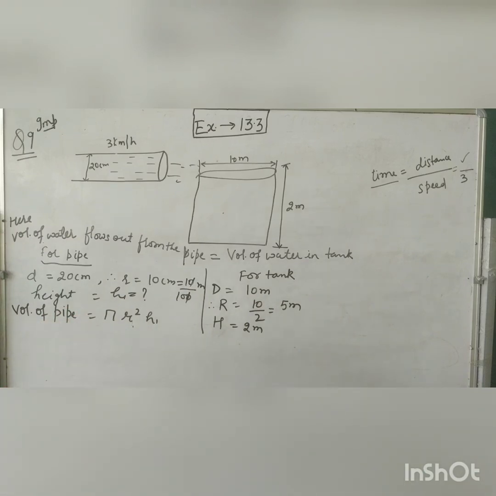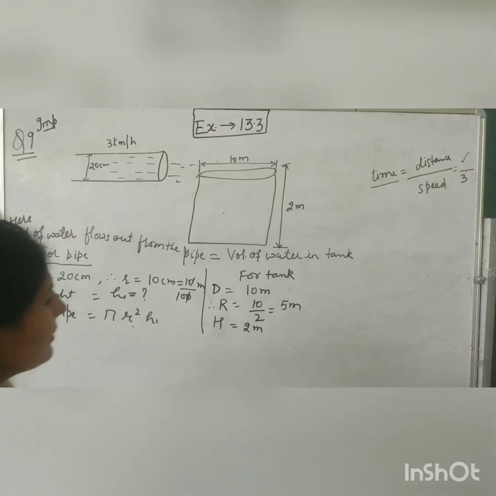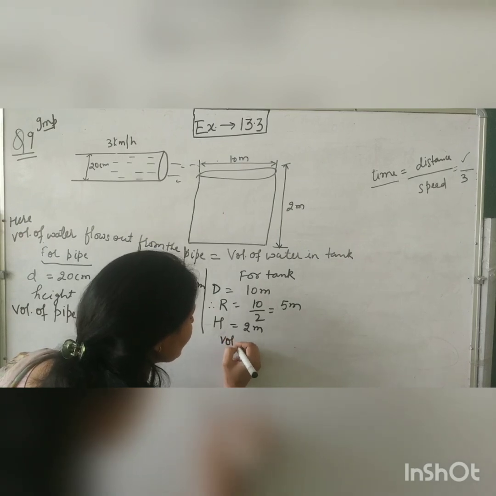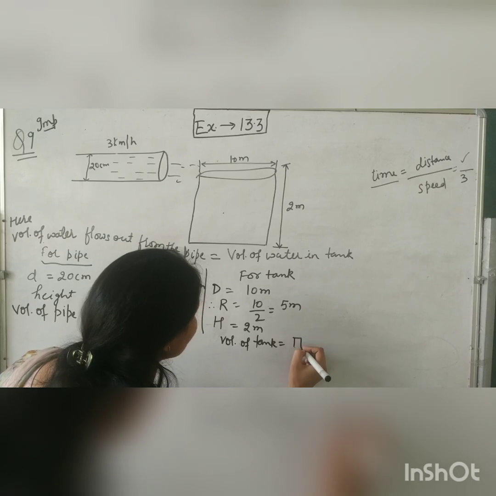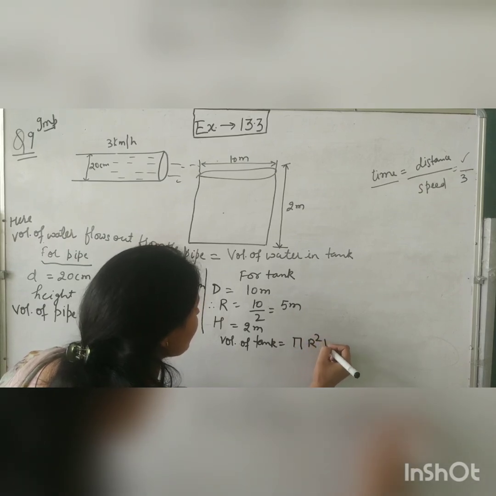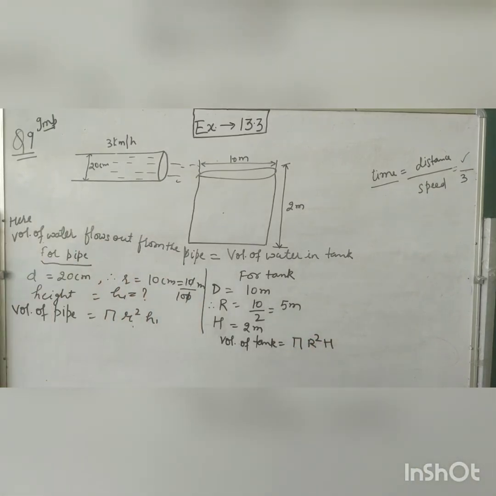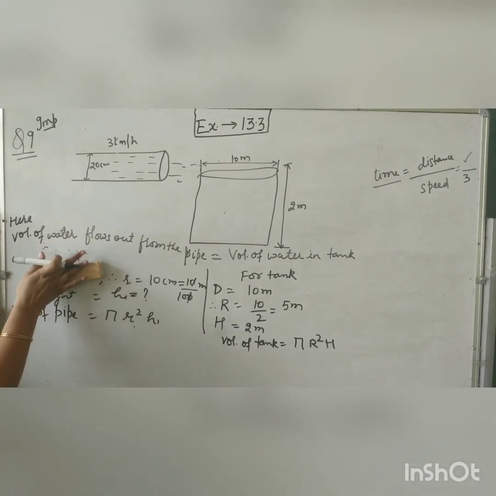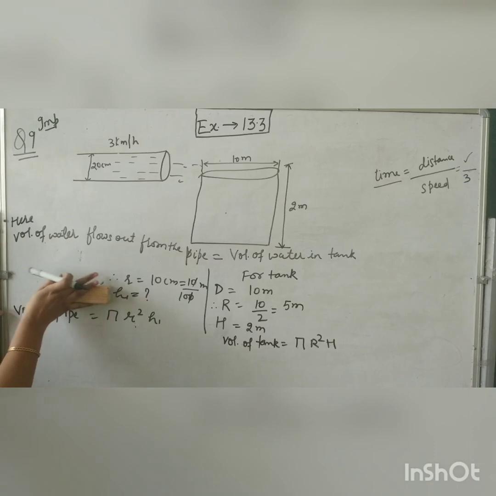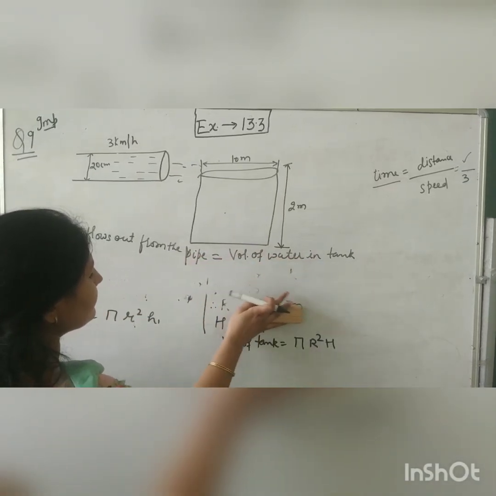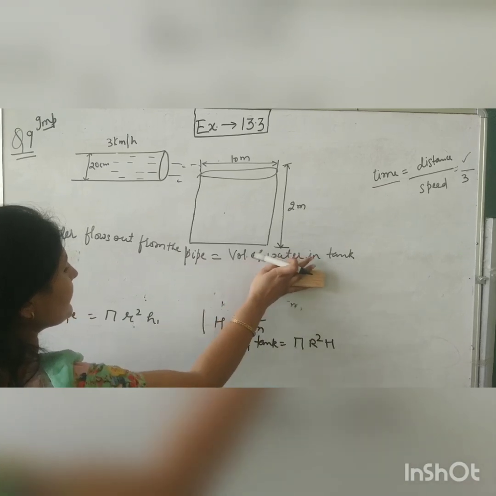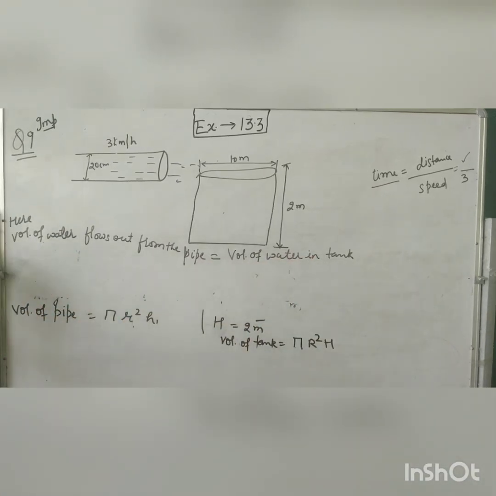Now we have to substitute the values over here. First we write volume of tank, that will be equal to pi r square h. Okay, मैं यही वैल्यूज पुट कर रहे हैं बेटा.